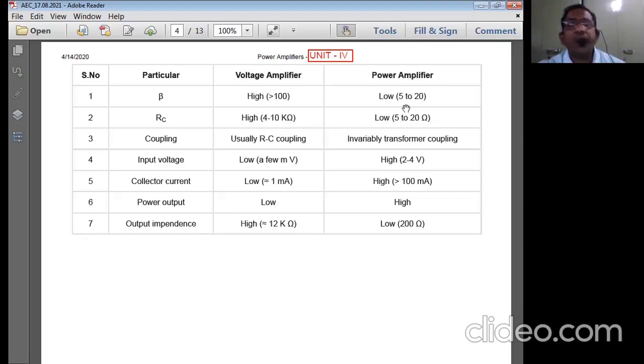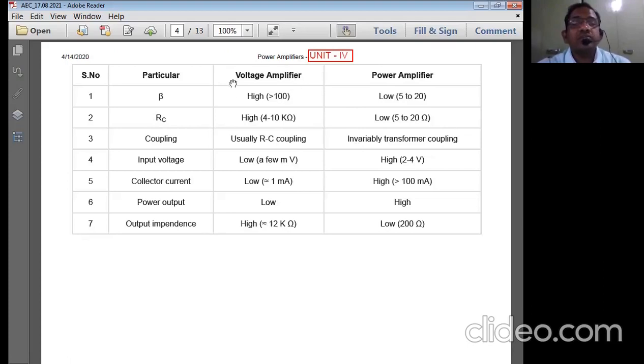Whereas for a power amplifier, the beta value would range between 5 to 20 only. See how much less it is. I am not bothering about getting huge voltage gains. Apart from a moderate voltage gain, I am looking to have an appropriate current gain as well, so that the product of voltage gain and current gain, the power gain, is high.